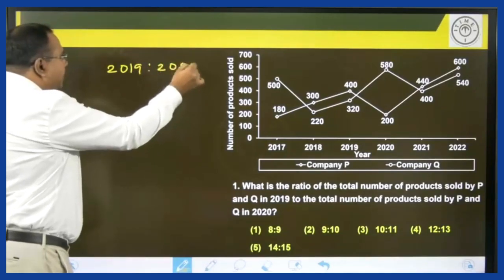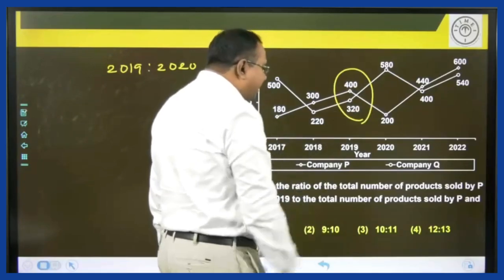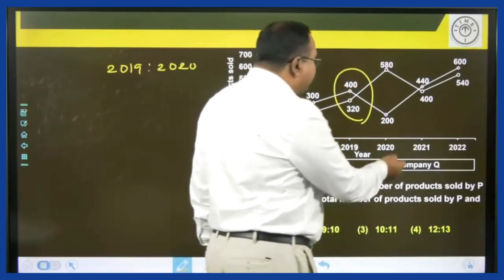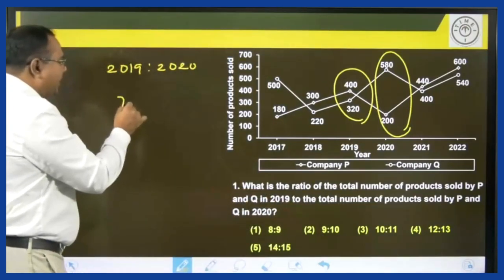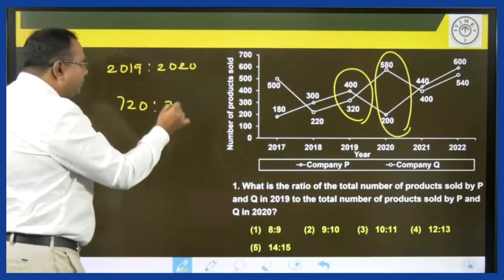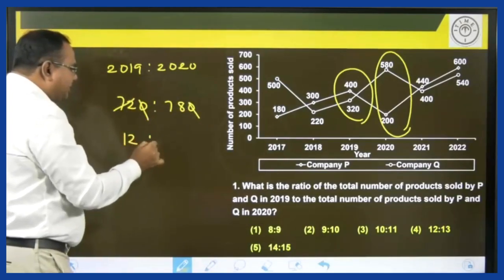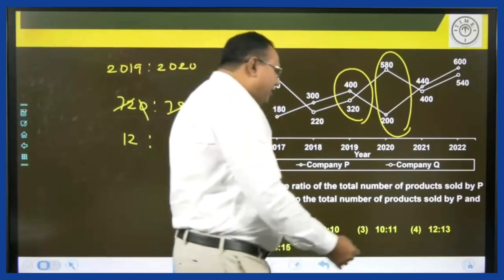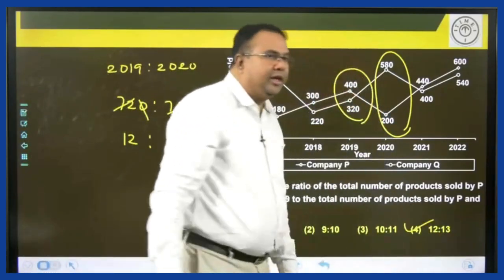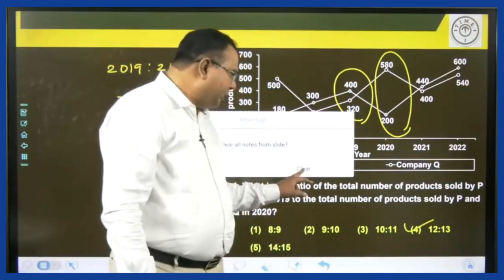P plus Q in 2019, it is 720 and in 2020, it is 780. So, 720 is to 780. Right, 6 12s, 6 13s. So, ratio is 12 is to 13, which is present in choice 4. Let's move ahead. Simple question, students.